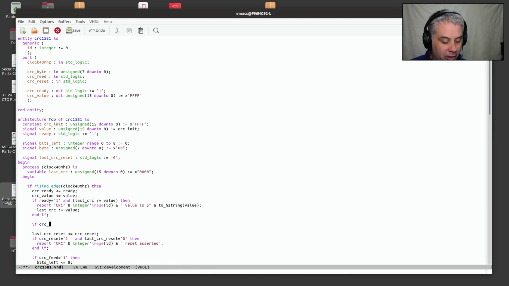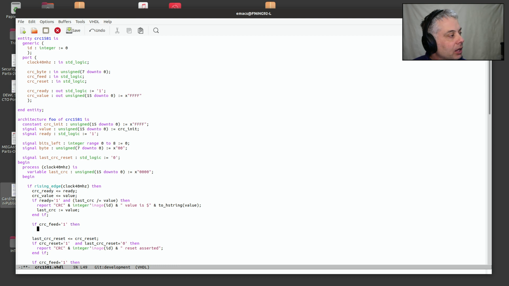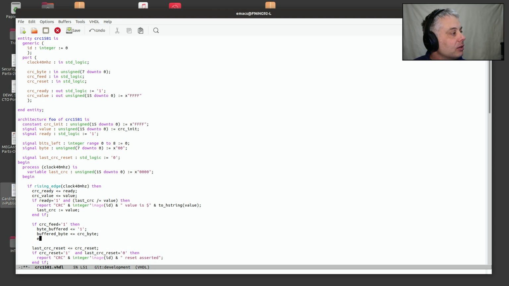So if CRC feed is equal to 1, then byte buffered is equal to 1, and the buffered byte is equal to CRC byte, end if. Right.